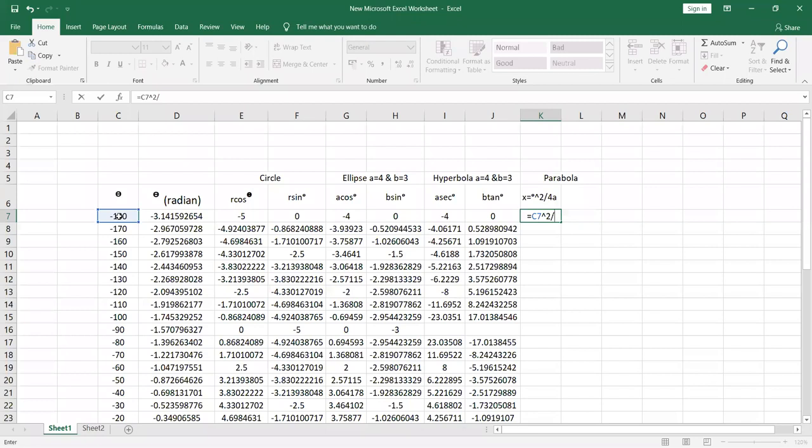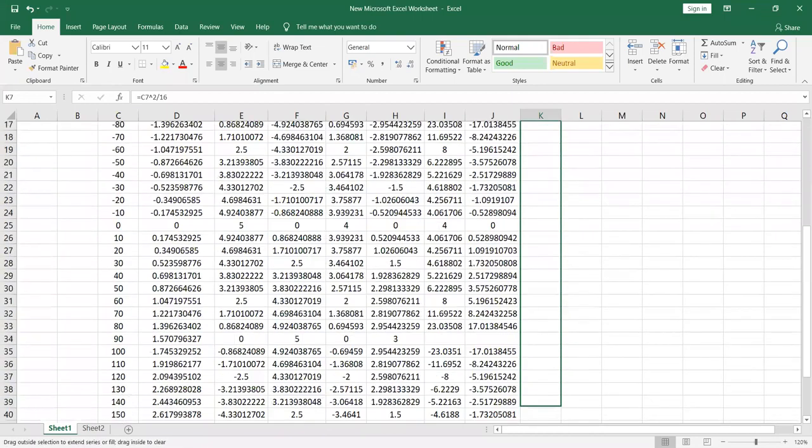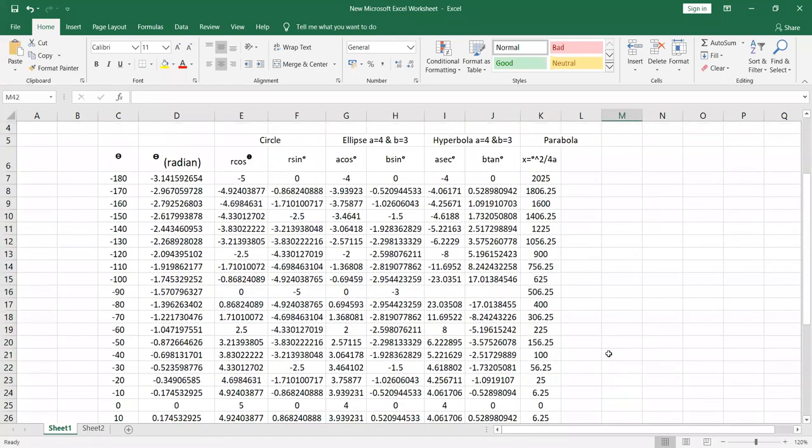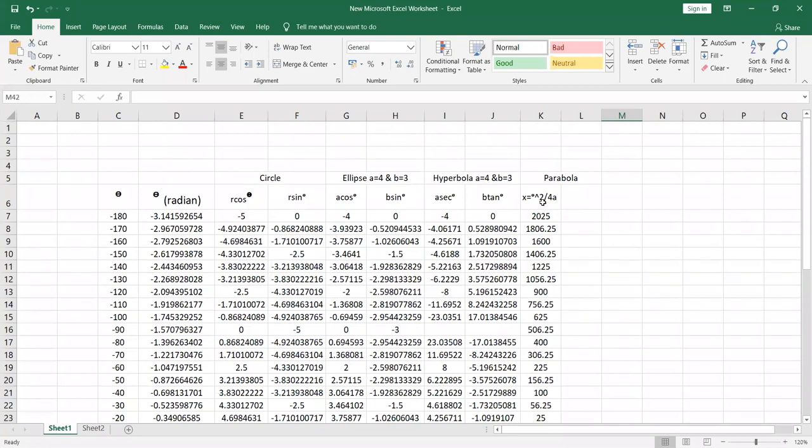Then divided by, means slash, 4 into, in this case the value of a is 4. So 4 into 4 will become 16. So just divide by 16 and enter. Again go to this point and drag the value from minus 180 to plus 180. From that you can easily figure out the figure of parabola.